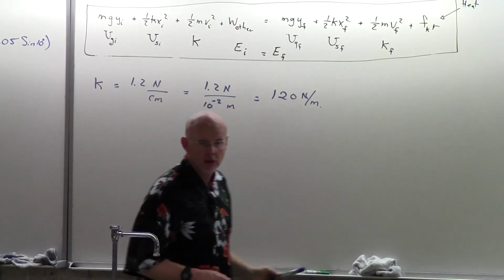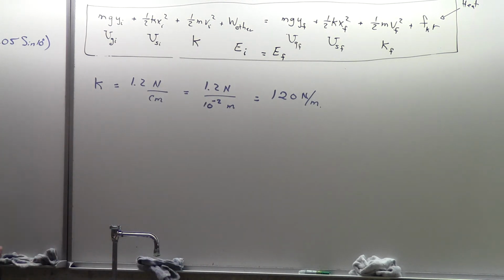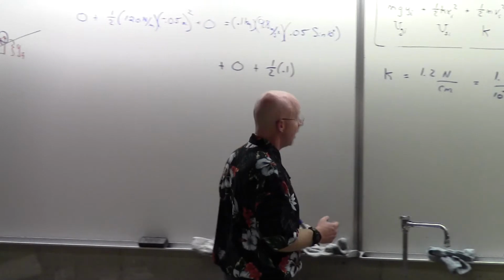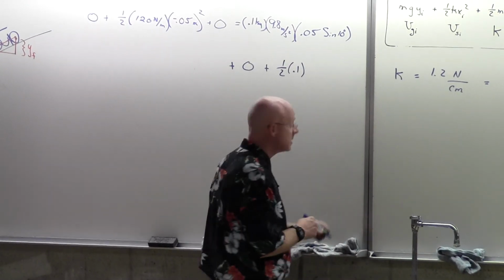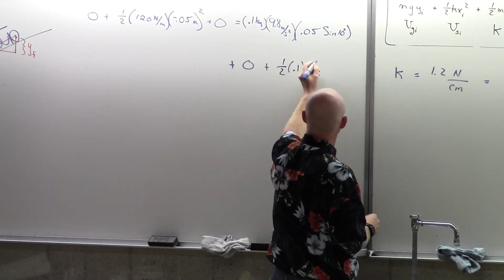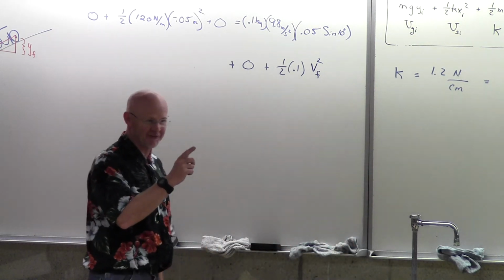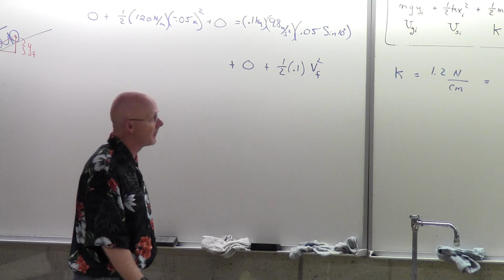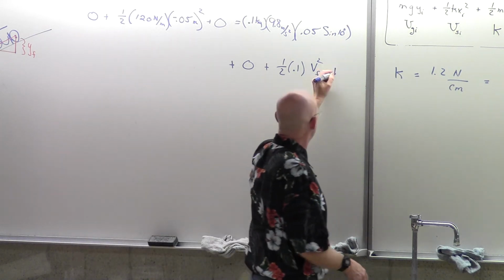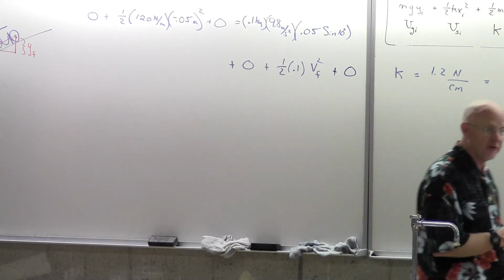This is the final speed. 1/2, and then it's 1/10 of a kilogram for the mass, and then its final speed squared. That's what we're after. What is the launching speed of this? And then the last one would be any friction or heat that is going on.